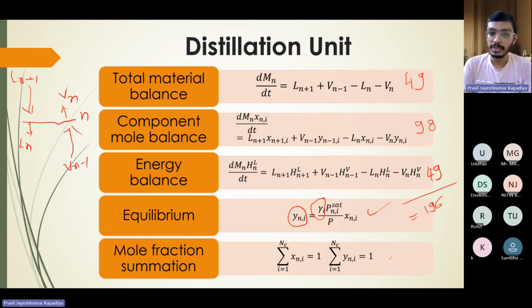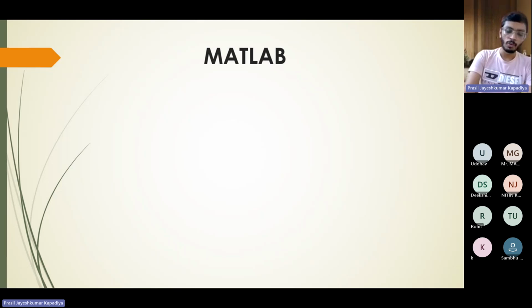This is the motivation for going for MATLAB, and even Aspen. If one wants to escape from MATLAB, that is the motivation for Aspen, that you don't need to solve all these equations. And in MATLAB, we need to learn how to solve these individual equations. So this is the motivation of this MATLAB course.